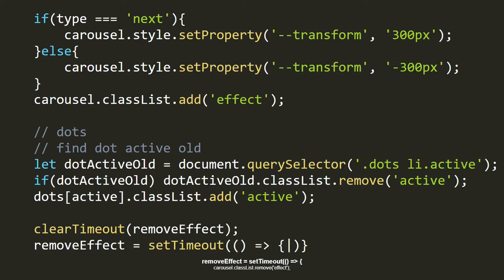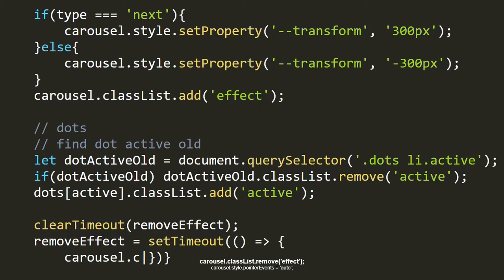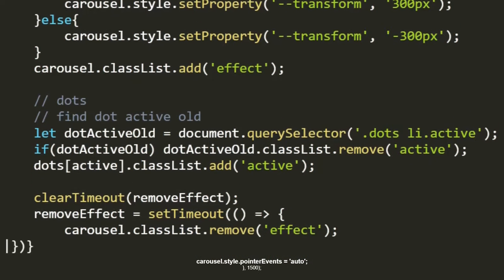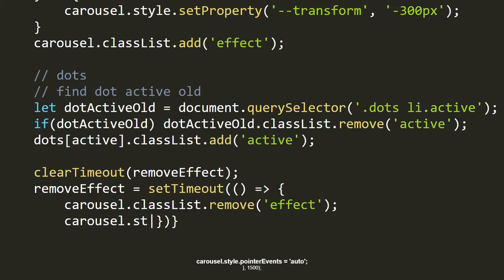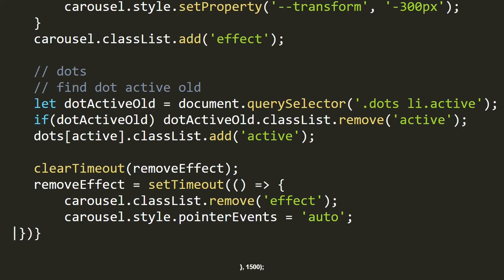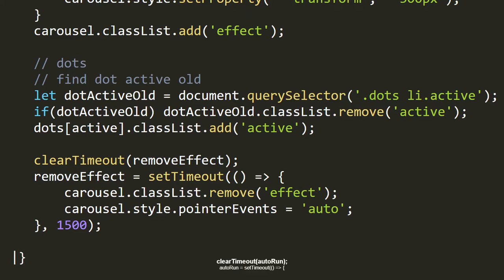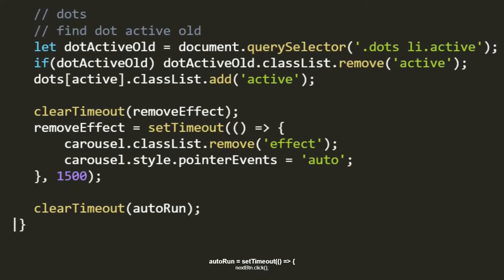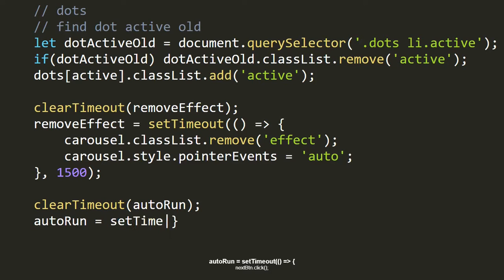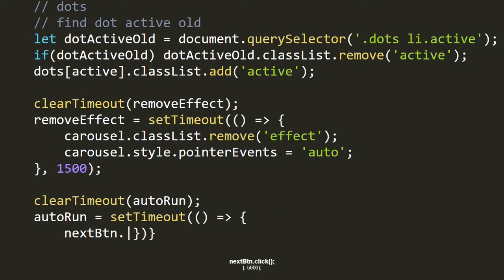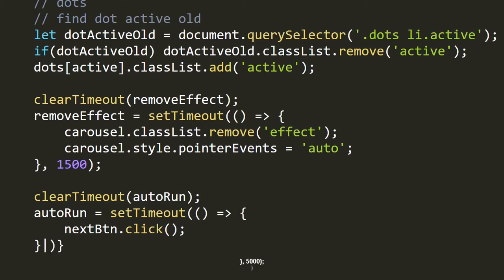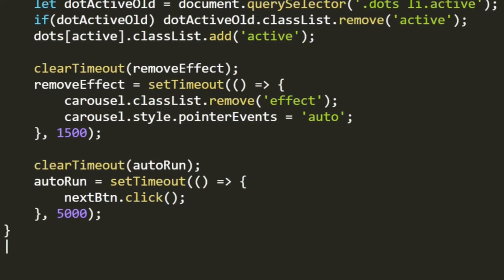Clear the removeEffect timeout and set a new one to remove the effect after 1500 milliseconds. Enable pointer events on the carousel. Clear the autorun timeout and set a new one to simulate an automatic click on next btn after 5000 milliseconds.